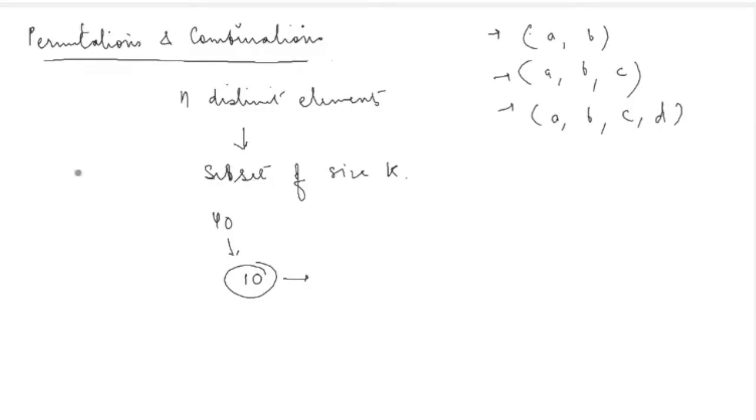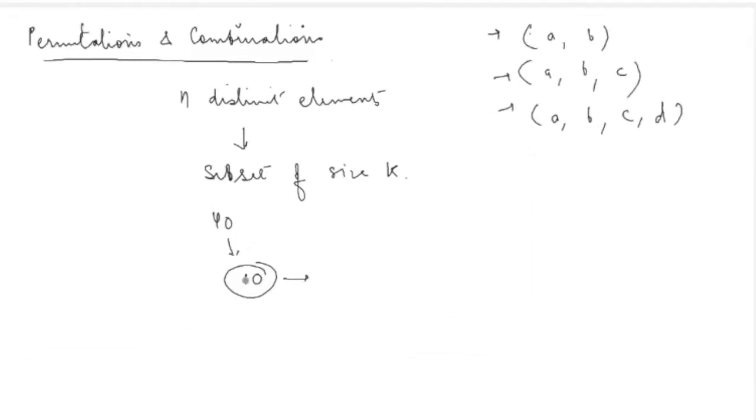In which situation do we use permutation and in which situation do we use combination is also very important to be understood. 40 में से मैं कौन से 10 students select करूंगी? This could be broadly divided into 2 ways. एक हो सकता है that I want to select a group of 10 students.